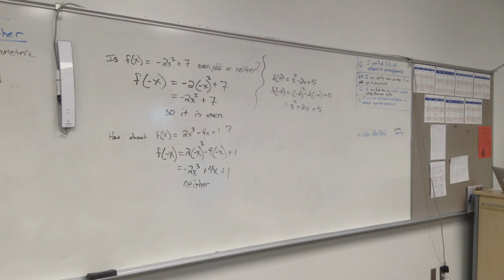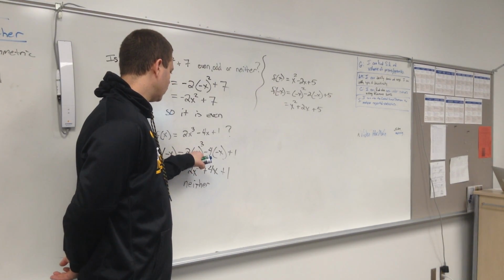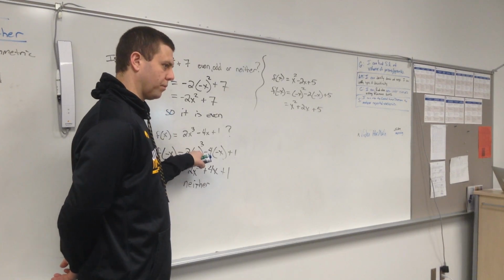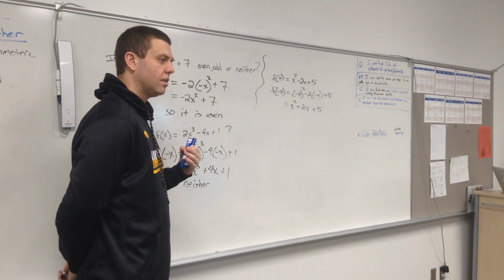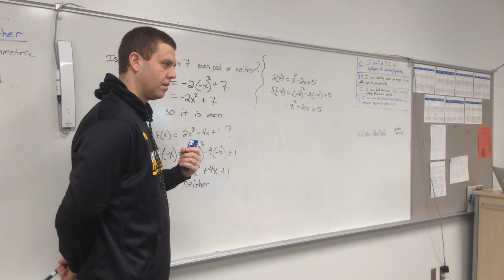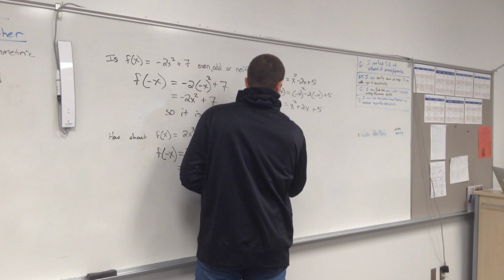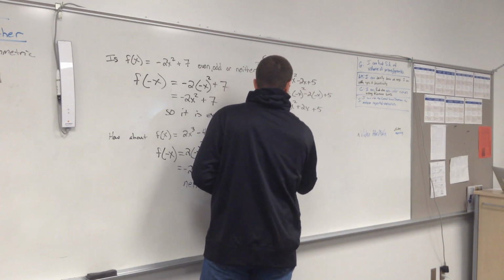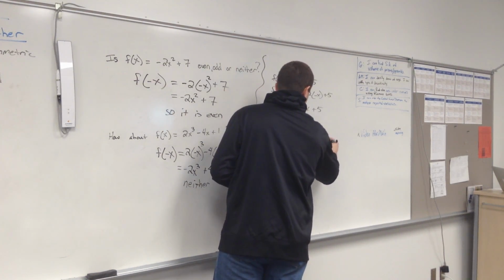Yes? I'm confused about, when you did 2 times negative x cubed, why doesn't the cube go away? That doesn't make sense to me. It stays in the problem after you cube it. So when you take negative x times itself 3 times, negative x times negative x times negative x, you get a negative x cubed, right? It'd be like saying when you take a negative 2 times a negative 2 times a negative 2, you get a negative 2 cubed, which you know that answer is negative 8.